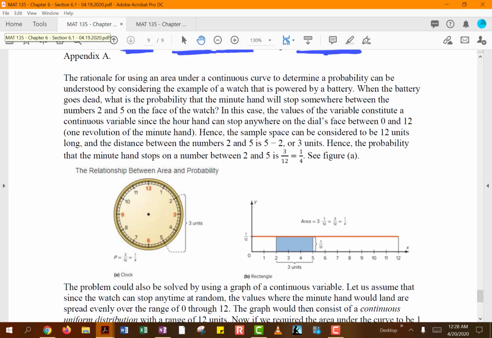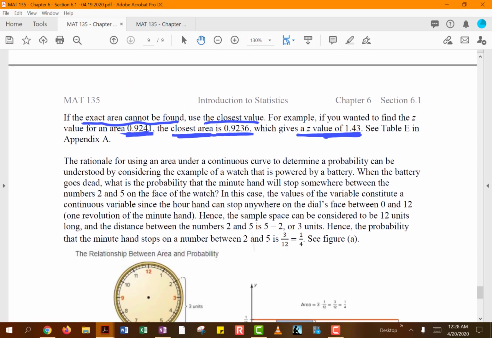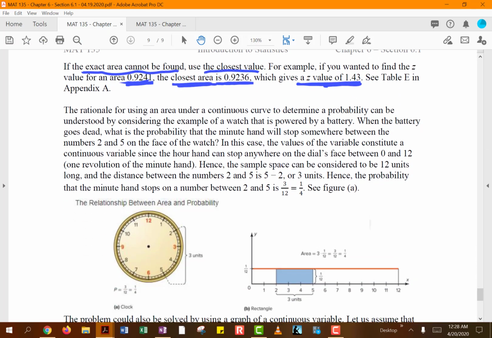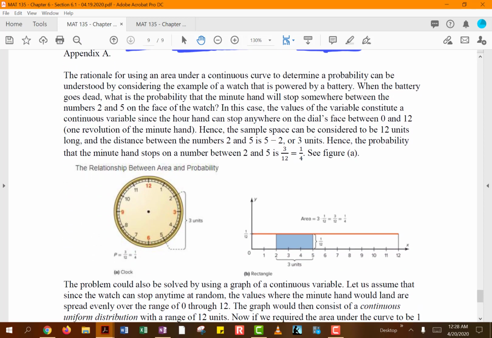What they're talking about in this example, and I'm going to leave it for you to read through, is how it is possible for us to find the area and its corresponding z-score based on this idea of a continuous curve. They're talking about what if you were looking at a clock or a watch, and the battery was going to go dead, and you had to find the probability of where your minute hand would stop.